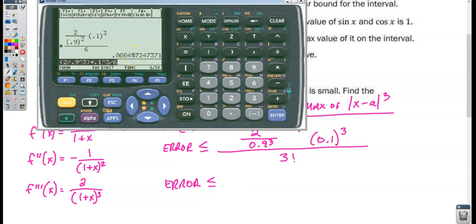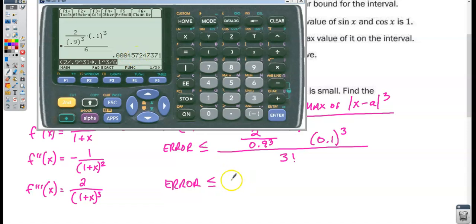But we talked about this a little bit when we did the alternating series error bound. When we're talking about error, we always want to round this decimal representation up, because the maximum error that we can have here is 0.0004572, etc., etc. 0.000457 is smaller than that, and therefore our error could be bigger than that value if we rounded it off there.